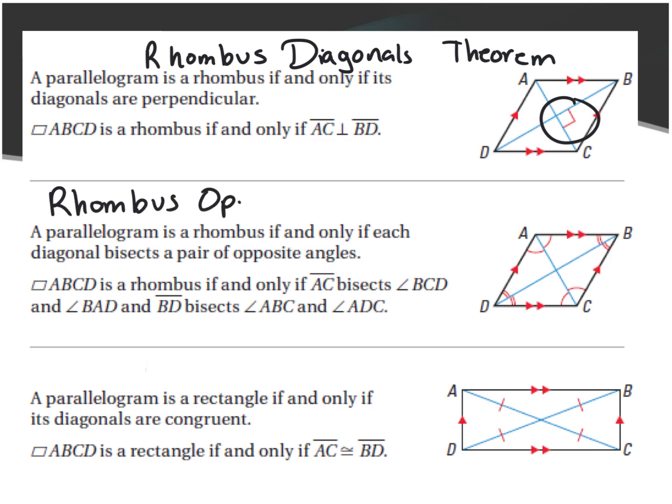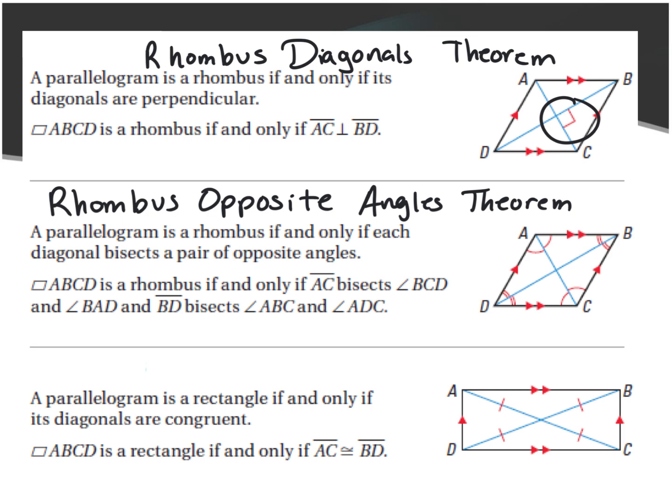Then we have the rhombus opposite angle theorem. This one states that a parallelogram is a rhombus if and only if each diagonal bisects a pair of opposite angles.